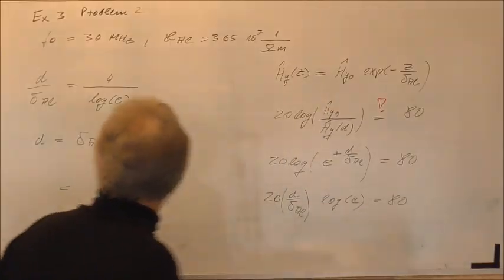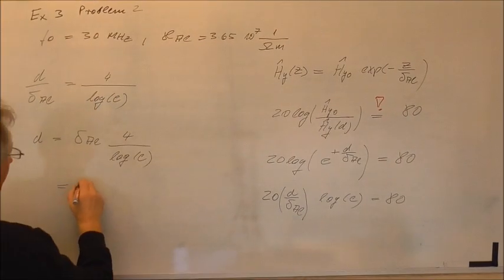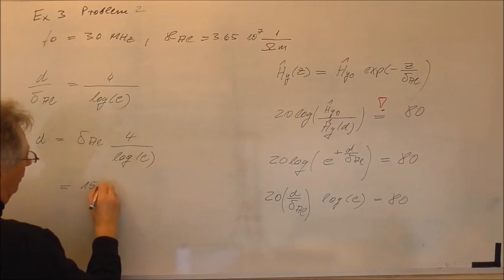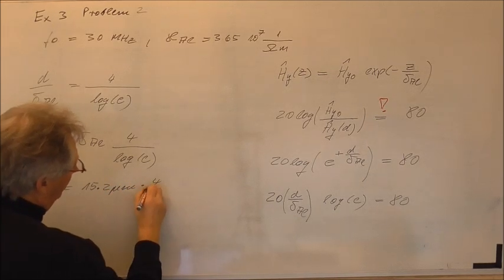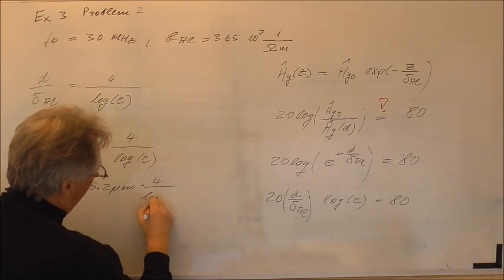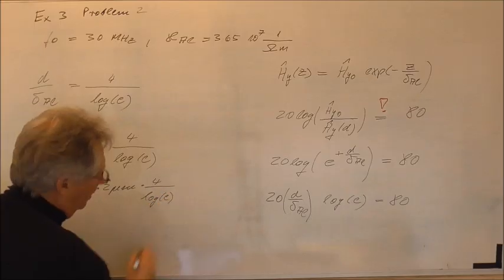At 30 megahertz we have 15.2 micrometer times 4 divided by log of e.